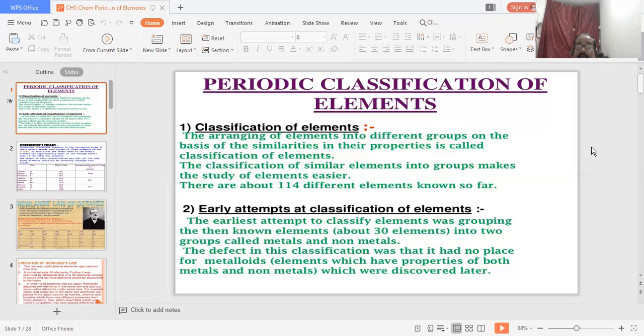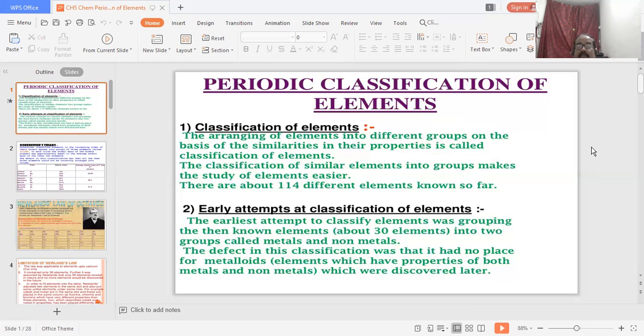But metalloids means some elements that represent both types of character, both types of properties. These elements we call metalloids. So the earlier classification had no place for metalloids. That is the drawback, the defect of the earlier classification.